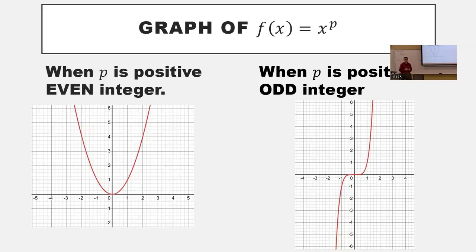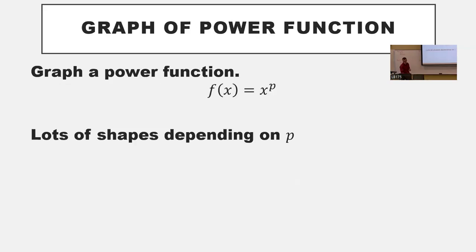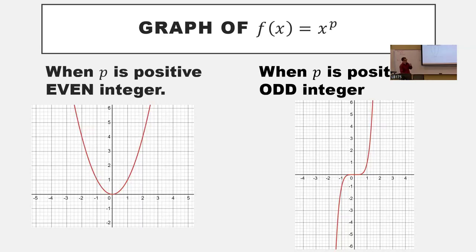When the power functions overlap with polynomials, then the exponent has to be a whole number. And so if that power function happened to be a polynomial, we're getting one of these two shapes.